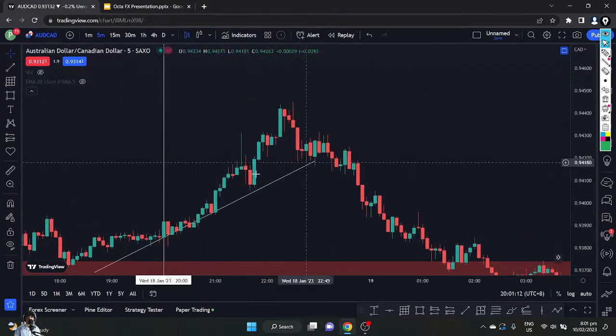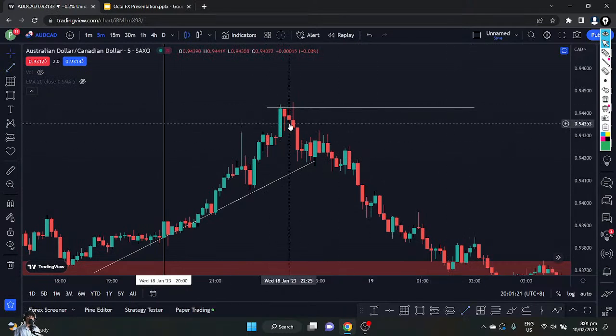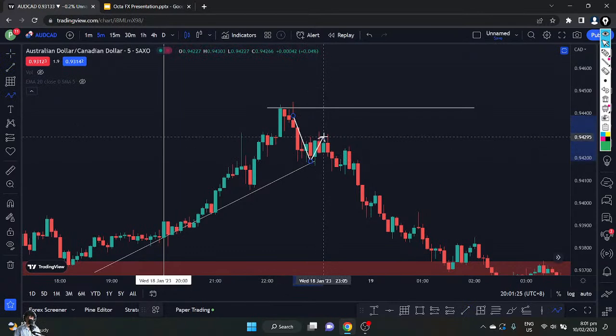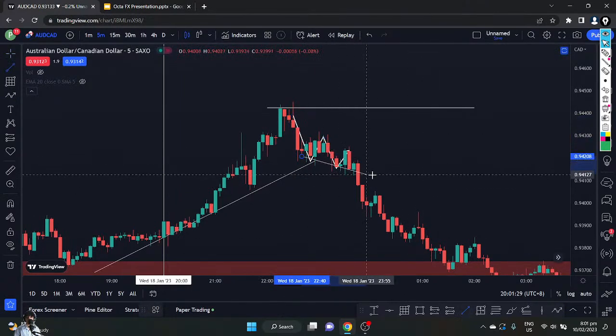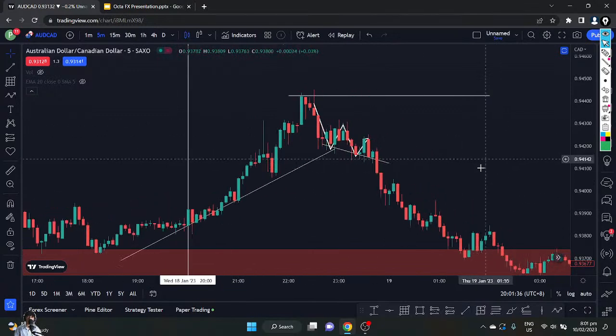But right after this trend line, we can see that the angle is starting to change after reaching this high. We can see that the price is creating a move like this, which starts the angle like this. So this may be the start of a new trend or the pullback on the higher time frame.